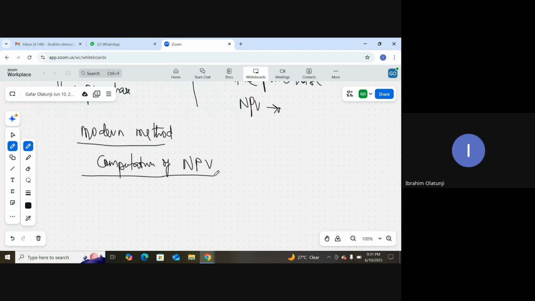So under the modern approach, what you need is the cash profit.